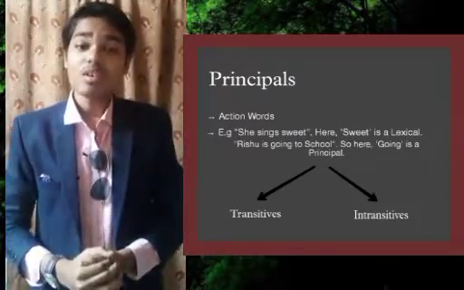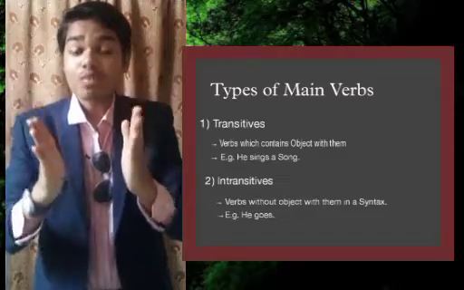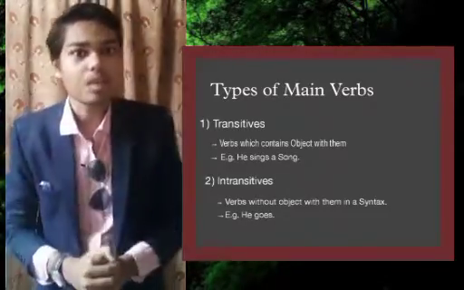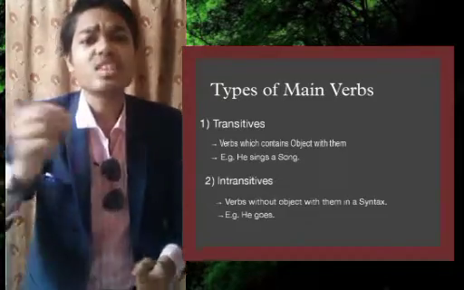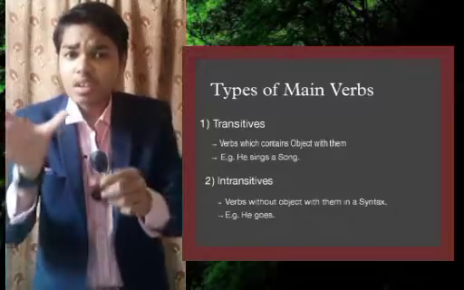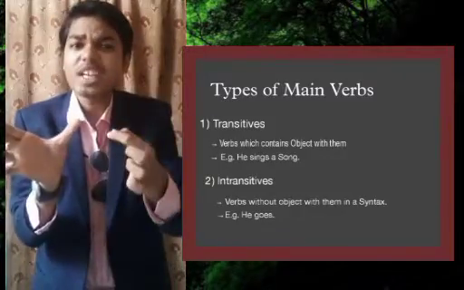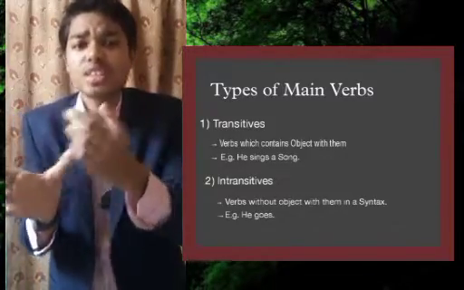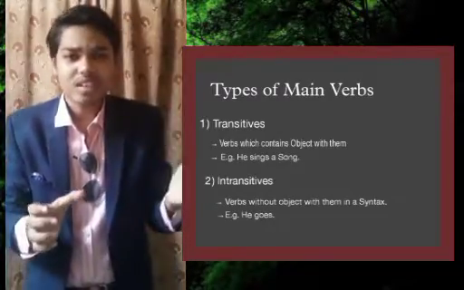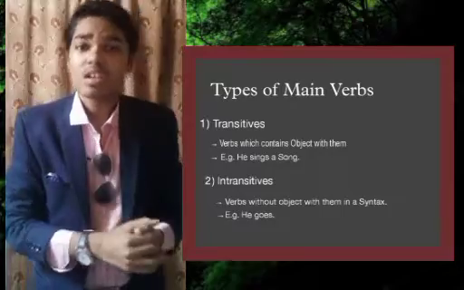Now, how many types of main verb are there in English grammar? Generally there are two types. The first is transitive. Listen carefully: those verbs which contain an object with them are referred to as transitive verbs, and those verbs which never contain any kind of object with them are referred to as intransitive.